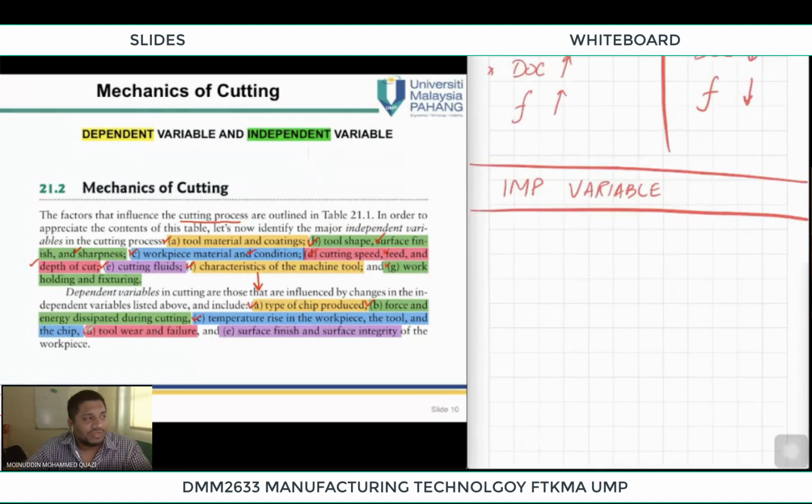The tool wear, the life of my tool. All of these are independent variables. They are going to control the dependent variables. These are dependent variables, DV. So my surface finish, my temperature, the type of chips produced, all depend on these independent variables that I can control.